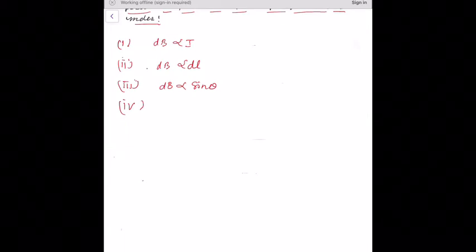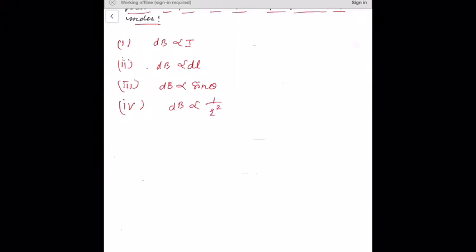Third, dB is directly proportional to sine theta, that is dB is proportional to sine theta. Next, fourth, dB is inversely proportional to the square of the distance r of the point P from the current element, that is dB is proportional to 1 upon r square.